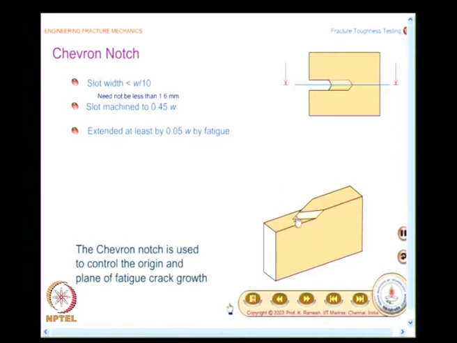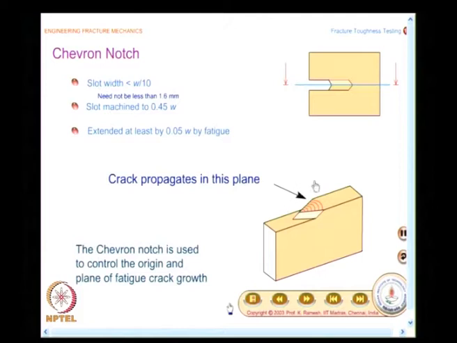When I apply the load, this corner is the weakest point, so crack will originate from here, and you make this particular plane weak, the crack will follow that plane. So, you are able to control the origin of crack as well as the plane in which the crack will advance, because for fracture toughness testing we need a natural crack.